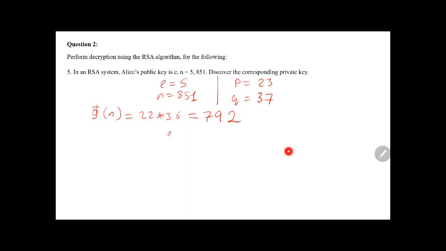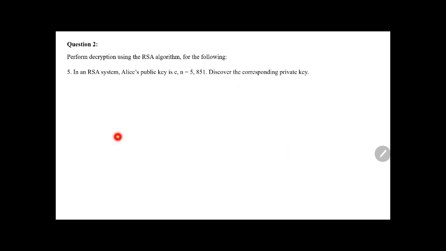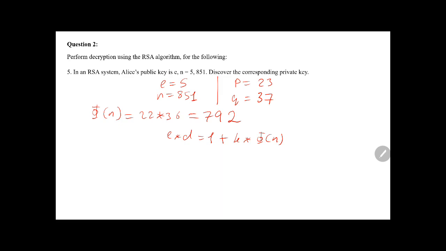So it's E multiplied by D, which is equal to 1 plus K multiplied by Euler's quotient of N. So we substitute with the Euler's quotient and the E. So we have 5 multiplied by D, which is equal to 1 plus K multiplied by Euler's quotient, which is 792.